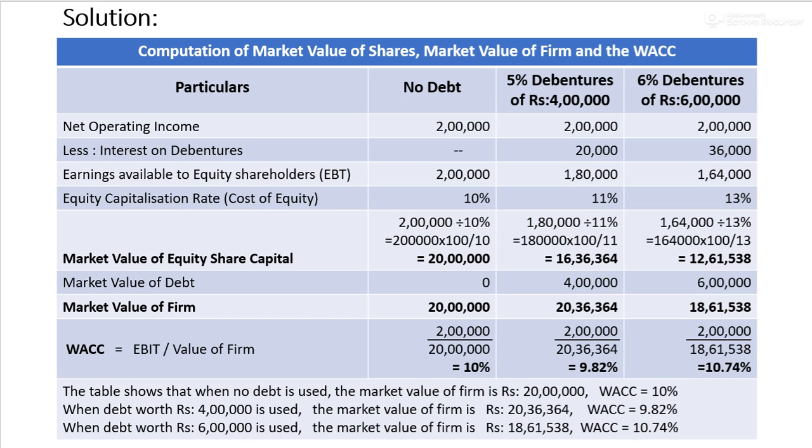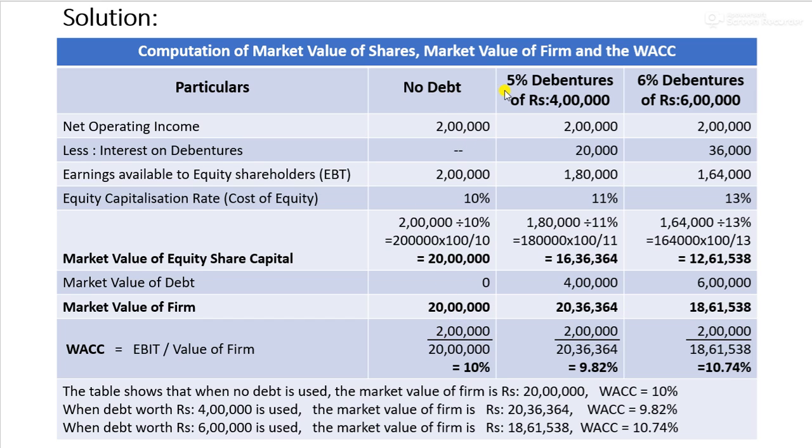Students, examine the market value of the firm in the three alternatives very closely. Here it is 20 lakhs, in the second case it is 20 lakh 36,364, and in the third case 18 lakh 61,538. You see, here there is no debt.